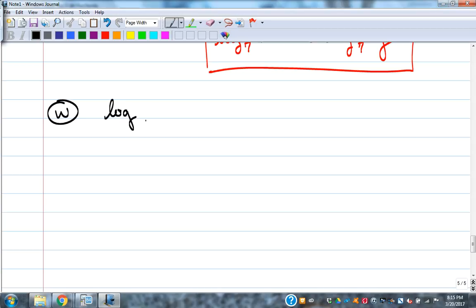Log base 8 of x y squared z over w to the third v to the fifth.